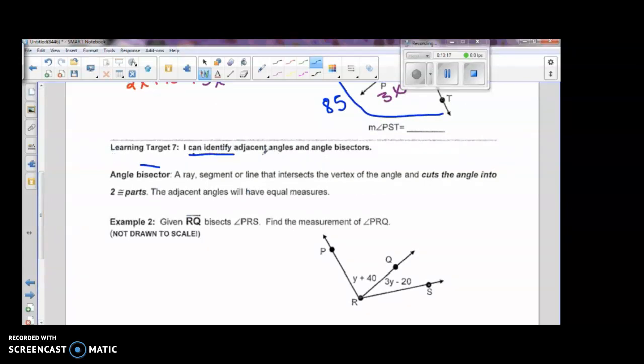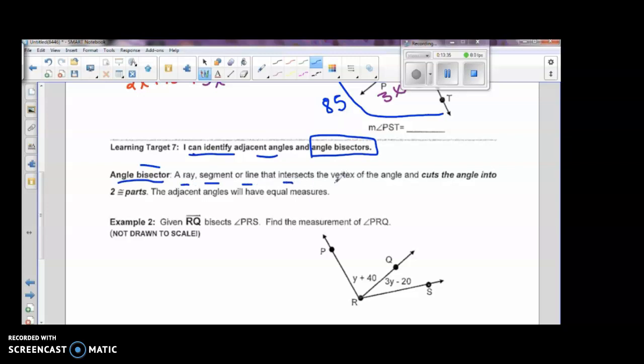All right. Now let's take a look at a new vocabulary term, which is angle bisector. So if you are solid with your segment bisector, then an angle bisector is the same thing.